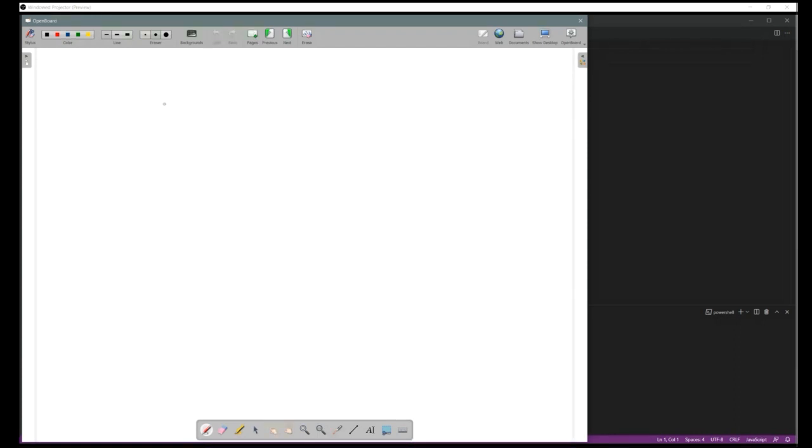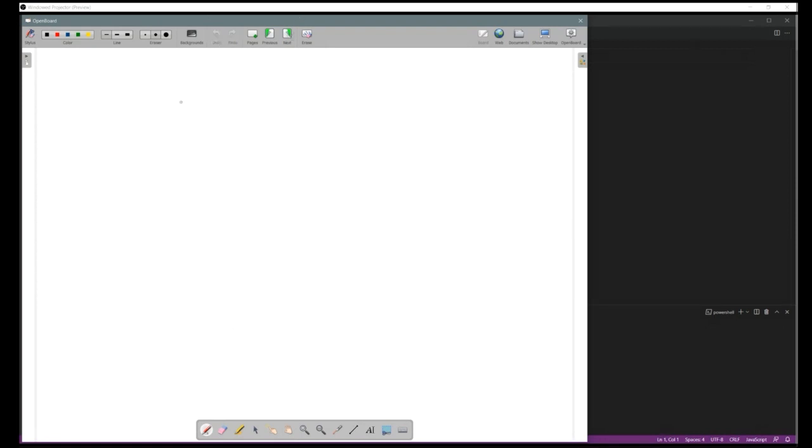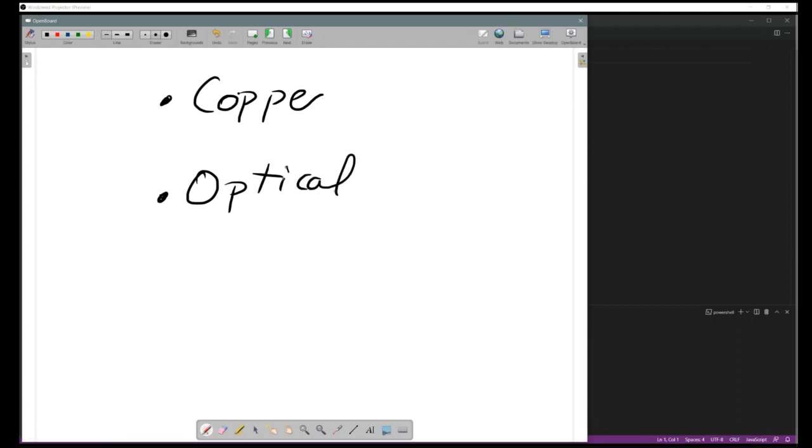Okay, so in modern applications, there are 2 types of cables. We have copper cables, and we have optical cables, which are also called fiber.